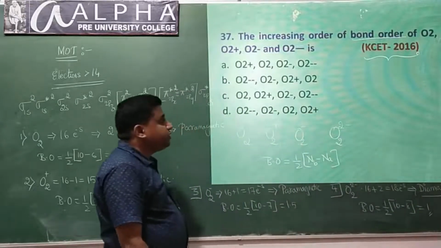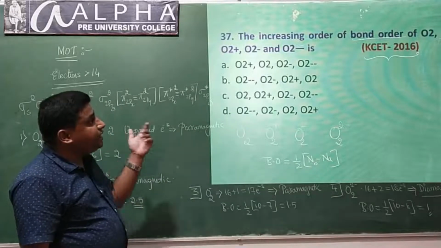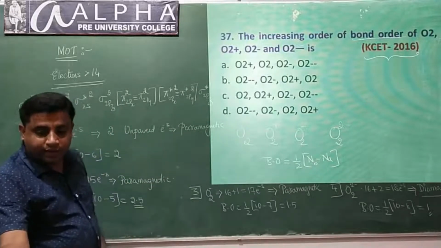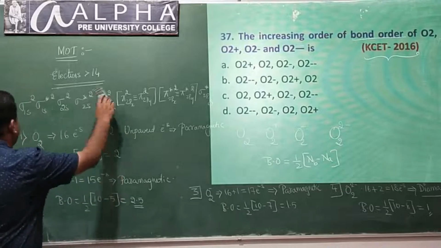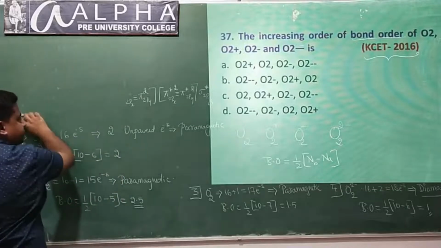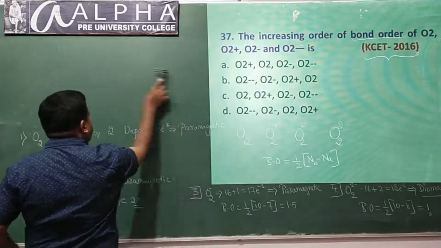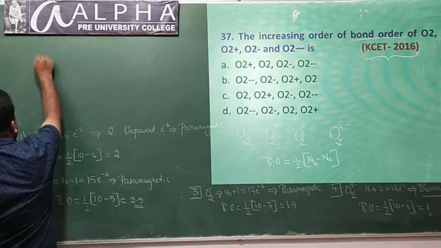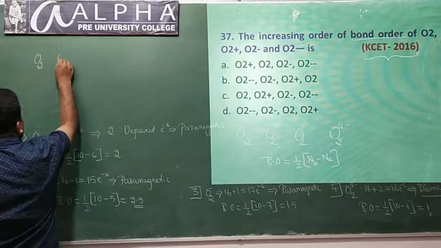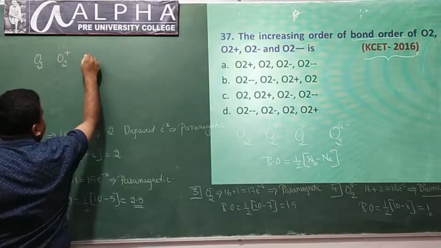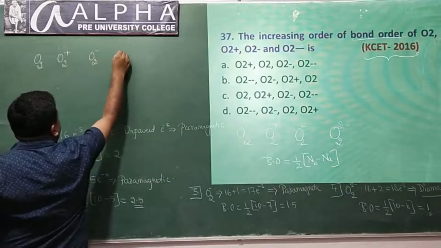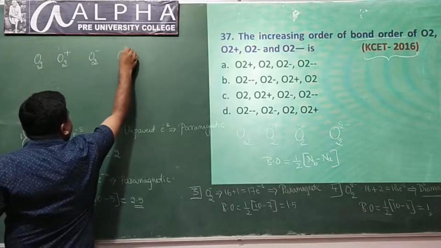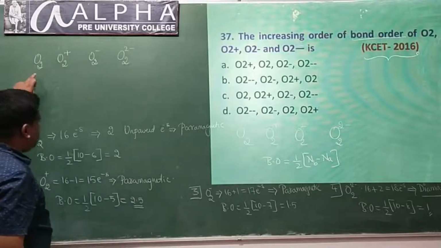So what is the question? We have to arrange them in the increasing order of bond order. So let us write it here. We have O2, O2 plus, O2 minus and O2 2 minus. What is the bond order of O2?